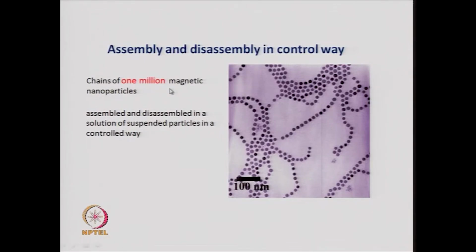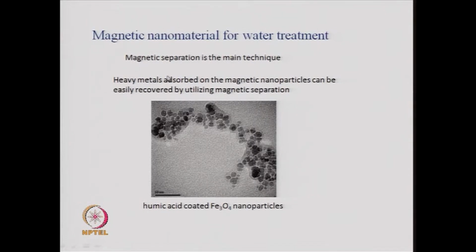So, here you see magnetic separation being applied, so that you can remove waste material from water. Heavy metals are adsorbed on the magnetic particles, and they can be easily removed if you apply a magnetic field.